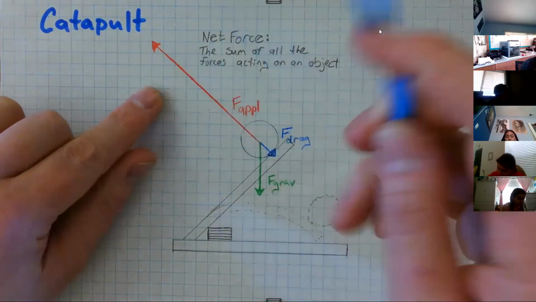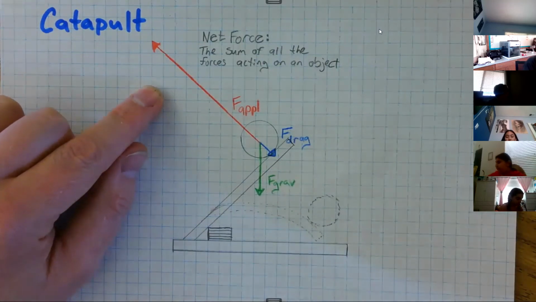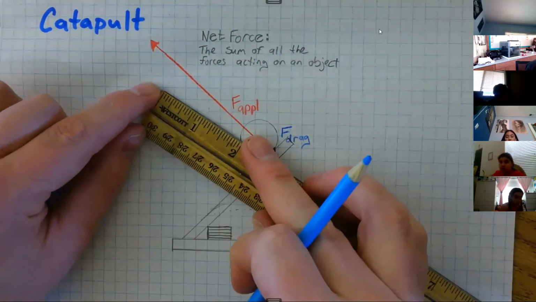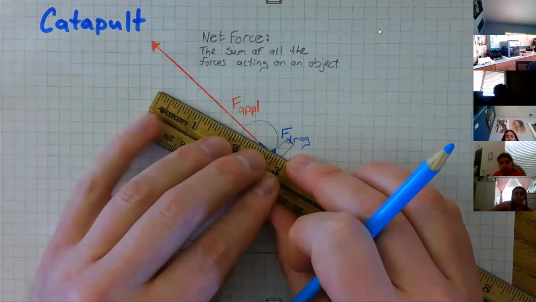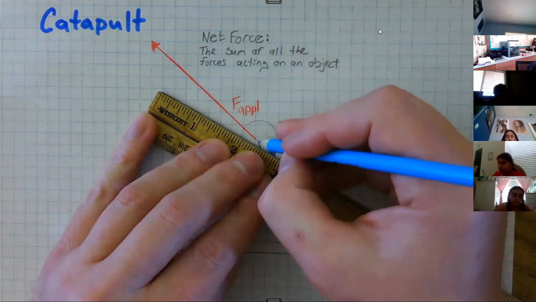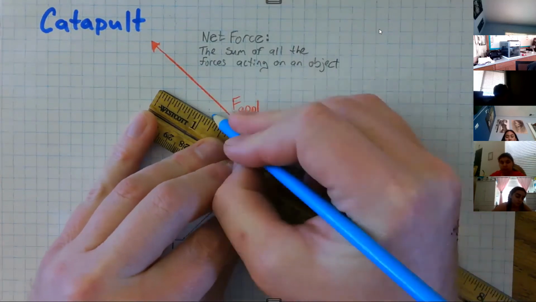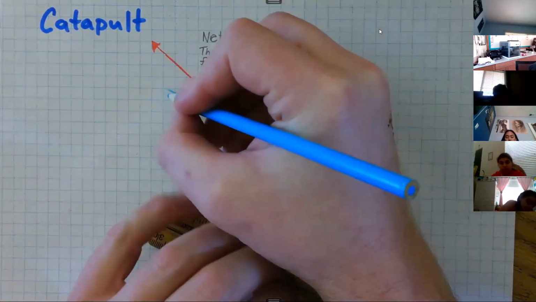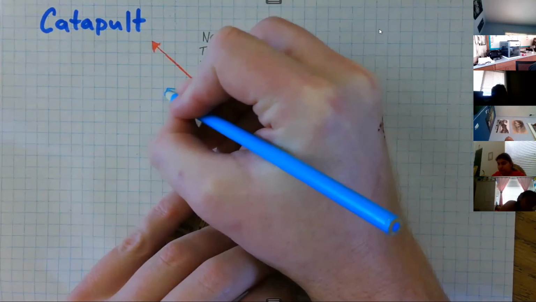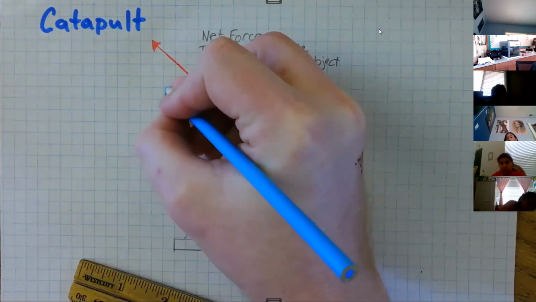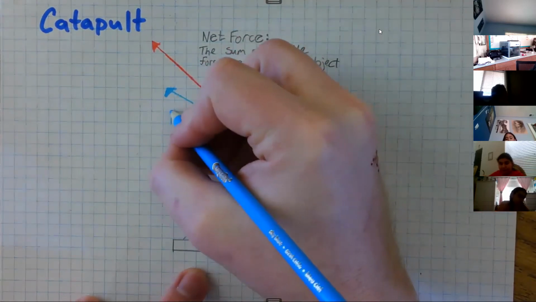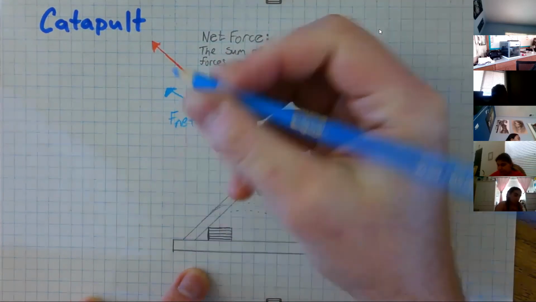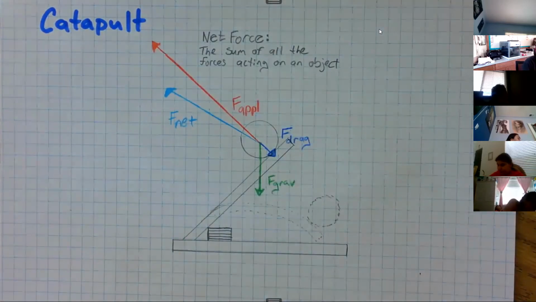So let's draw that on here to show that we can kind of visually estimate adding all these forces together. It's going to go that way, about that much. Okay, good. And that would be our net force.